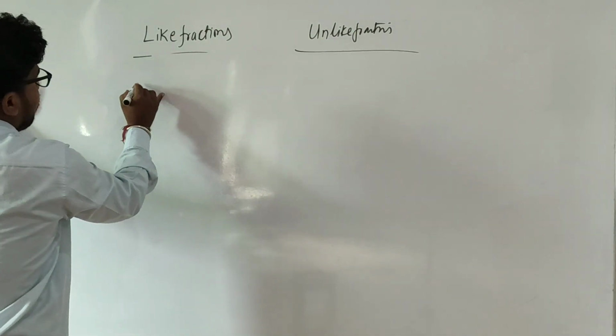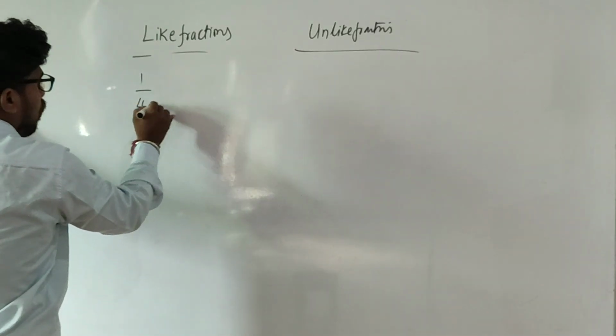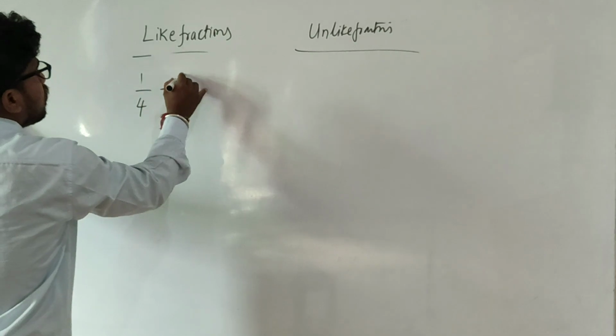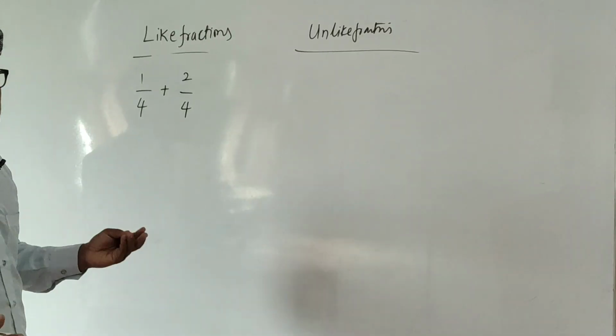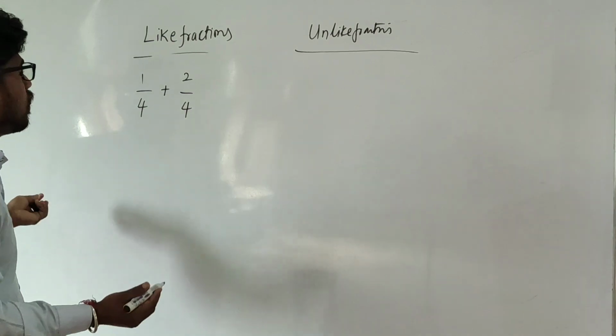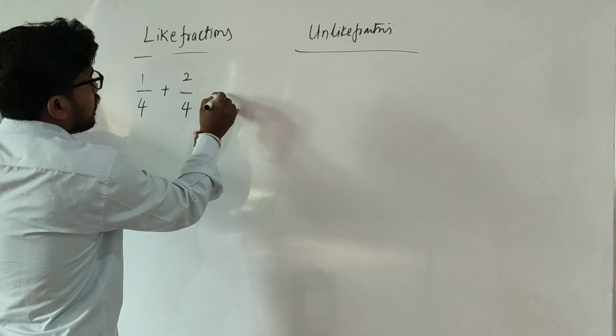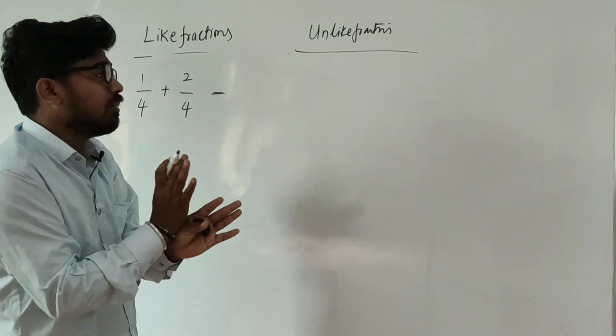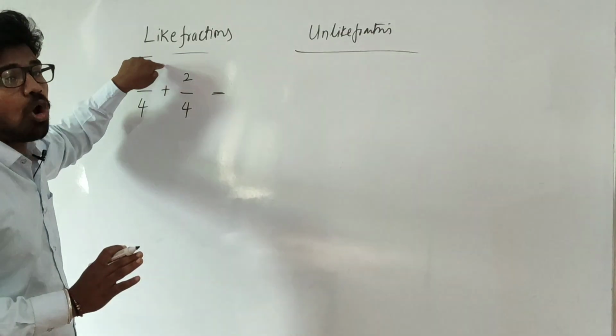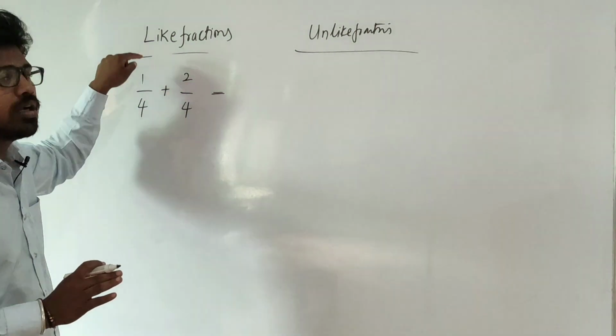So like terms, I will take 1 over 4 plus 2 over 4, because they are like terms, right? So what we do is, with like terms, it is just like a multiplication, but not the full. We just add the top numbers.